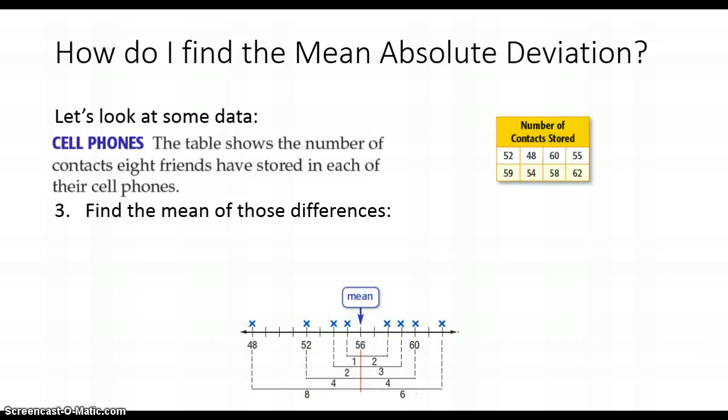The third step then would be to find the mean of those differences. So again, I take my 8 distances from the mean and I add them, and then I'm going to divide by 8 because there are 8 distances to find 3 7/75, and that is the mean absolute deviation of this data set.